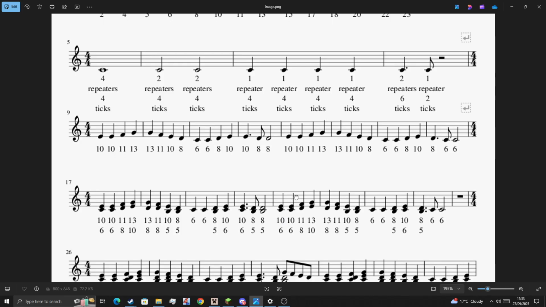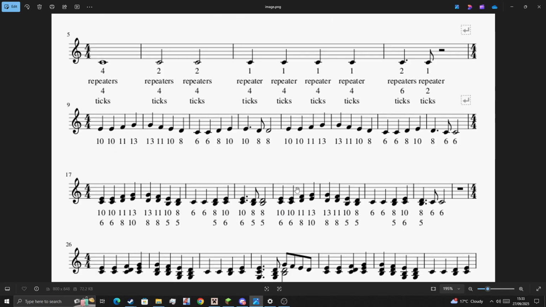So let's just go through this. Very simple, very straightforward. If you just set all these up, as I say, pay attention to the dots.